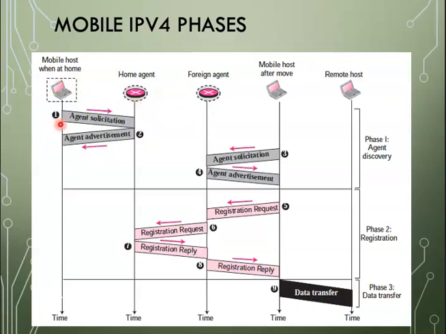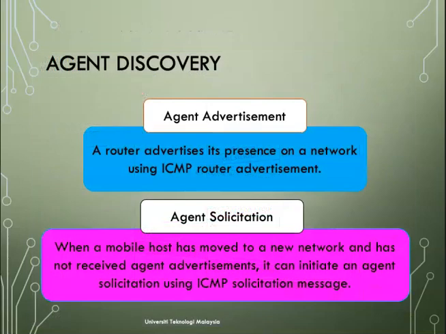It has agent solicitation and agent advertisement, and the same process, agent solicitation and agent advertisement, occurs when the mobile host moves to another network. Phase 2, registration, involves registration request and registration reply, and finally data transfer. We will look at these three phases one by one.